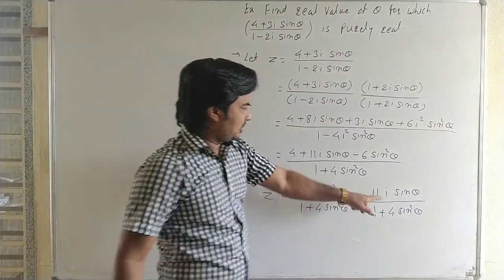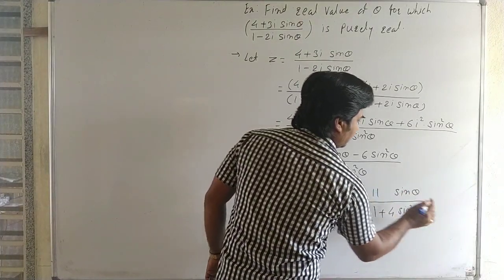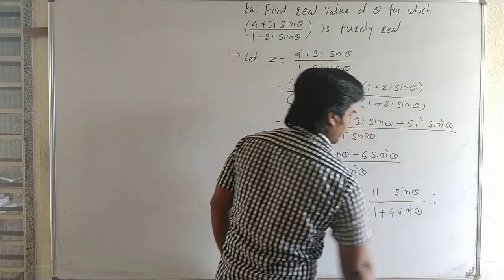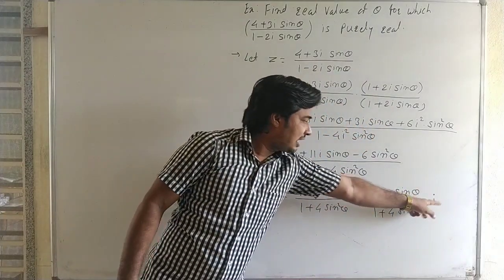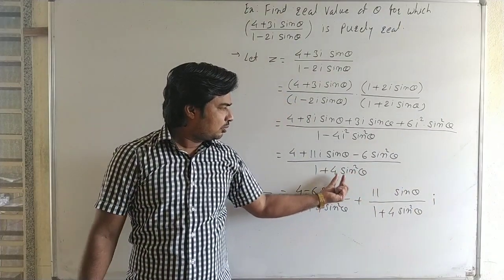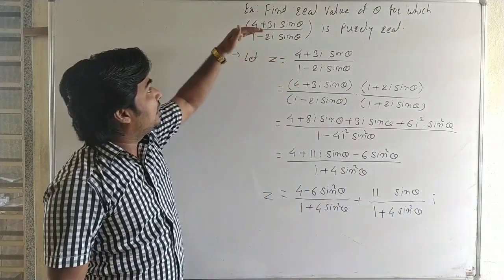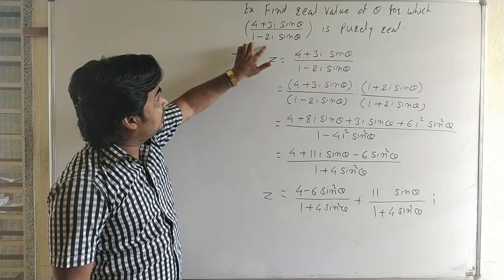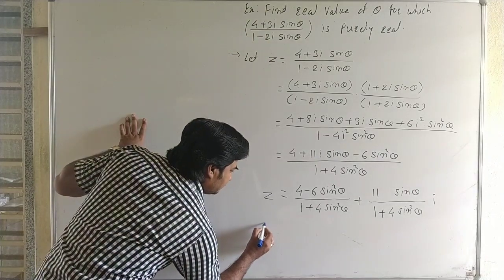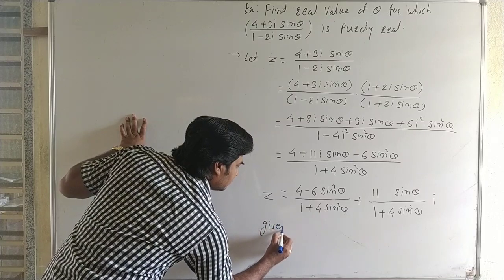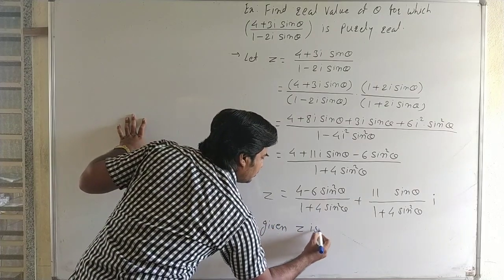Now this can be written in the form of real part plus i times 11 sin theta upon 1 plus 4 sin square theta. Now given that this number z is purely real.